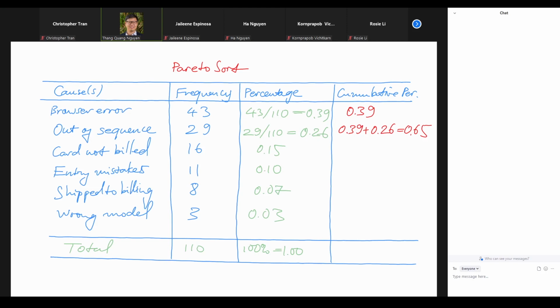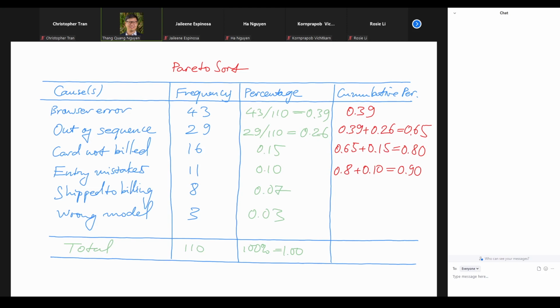We just take the previously accumulated value and add the new step, right? So we would take 0.65 plus 0.15, then we have 0.80 or 80% of the problems. And then we take the fourth step, then we cover 0.8 plus 0.10 equals 0.9 or 90% of the problem, right?